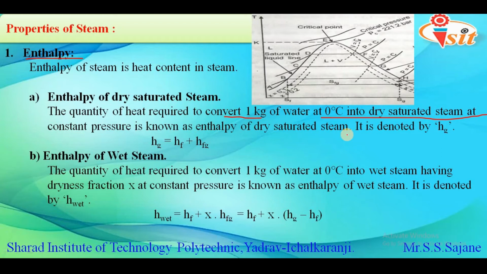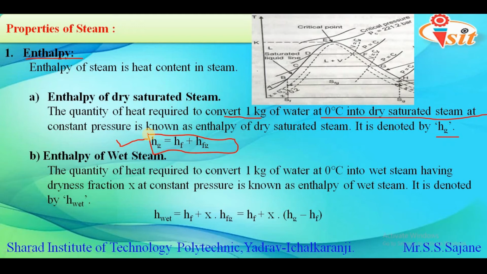So this simply means that if we consider 1 kg of water at 0 degree Celsius and at constant pressure, then how much heat is required to convert this water into completely dry saturated steam, that is into gaseous state. This enthalpy of dry saturated steam is denoted by Hg, and the formula is Hg equal to Hf plus Hfg.